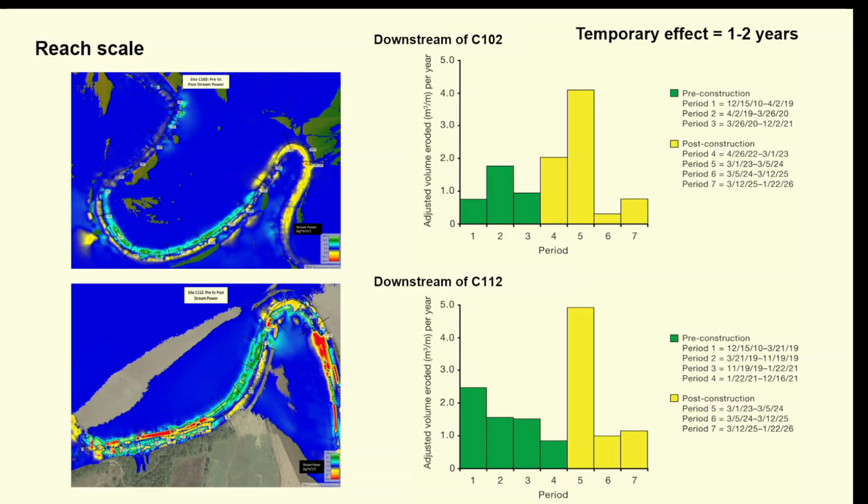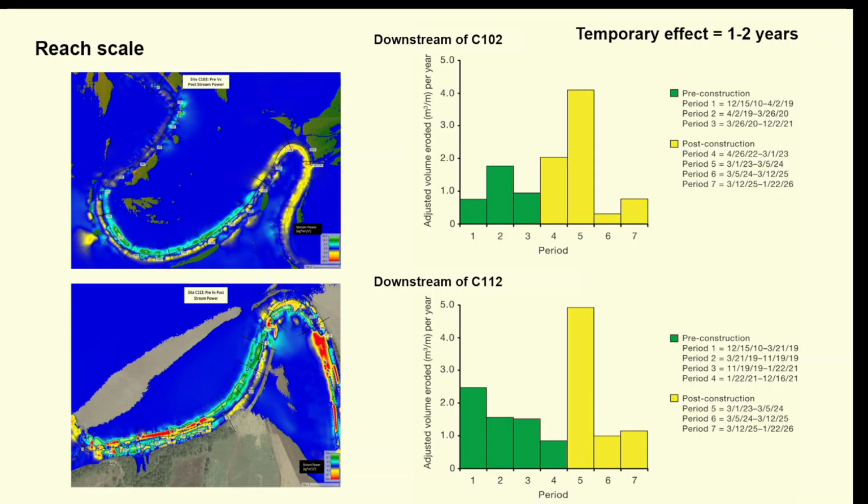So you notice immediately after construction, there is this large increase in erosion on those downstream meander bends. But after like 1 to 2 years, it actually tails off and gets back to kind of what you saw pre-construction. So it seems that this is a kind of like temporary effect downstream, and that the channel is able to kind of adjust to those new conditions.